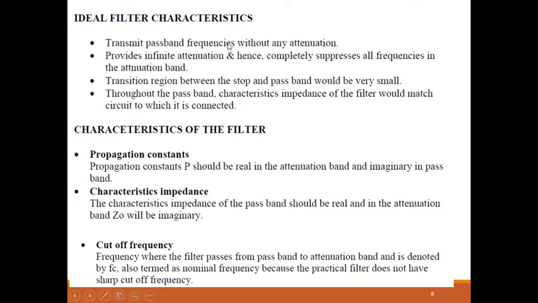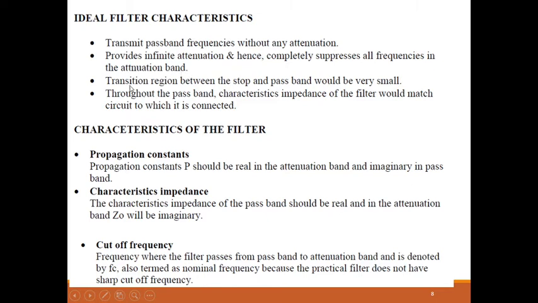So these were some ideal characteristics of the filters. They transmit pass band frequencies without any attenuation. The attenuation means the stop band. It provides infinite attenuation, and hence they completely suppress all frequencies in the attenuation band.